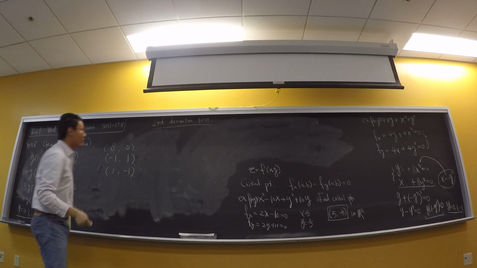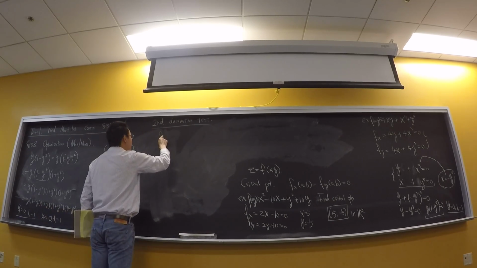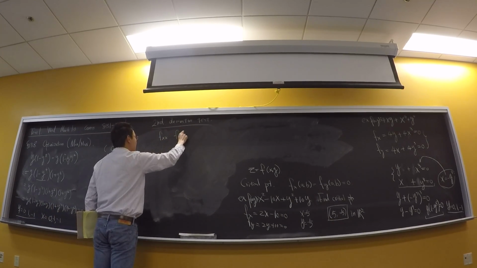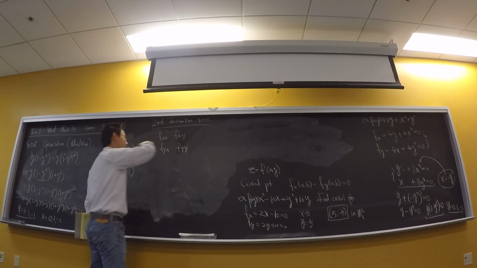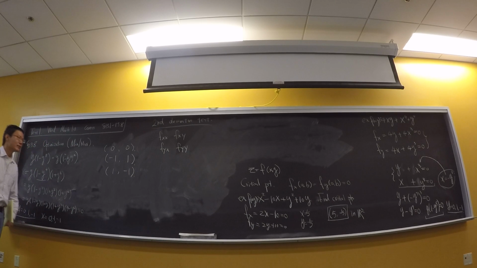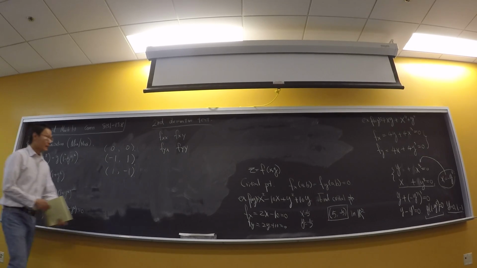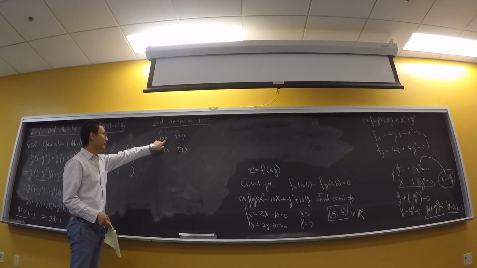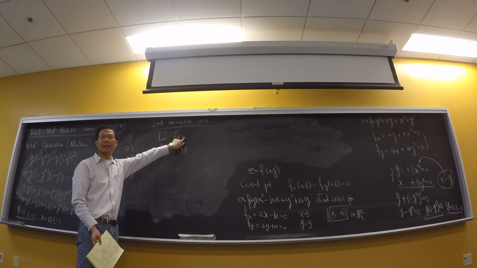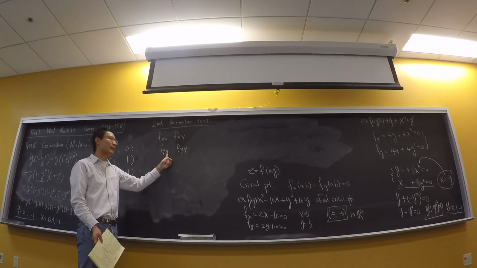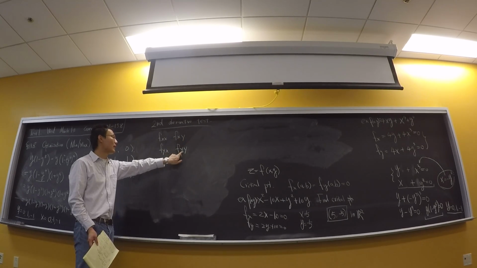Now we have 4 second order derivatives. If you still remember, when I introduced the second order derivative, I wrote them into this 2x2 matrix. This is the second order derivative taking with respect to x first and x second. This is x first, y the second time. This is y first and x the second time. This is y and y.